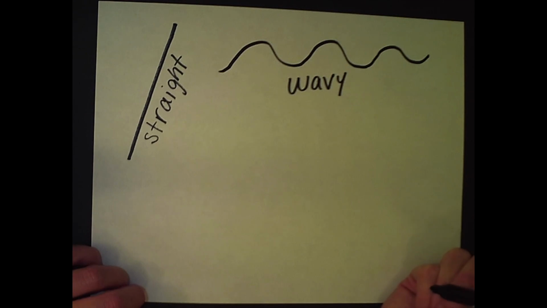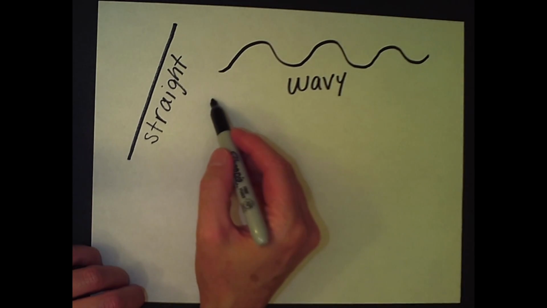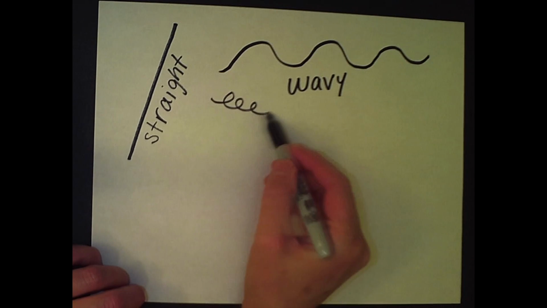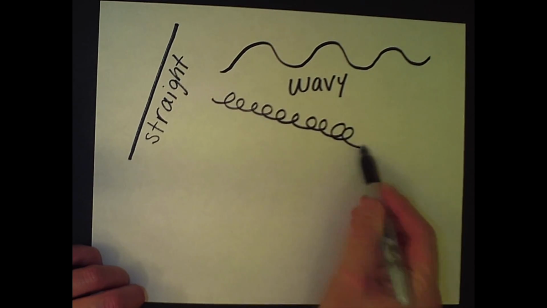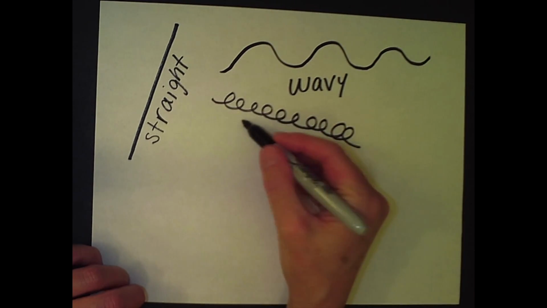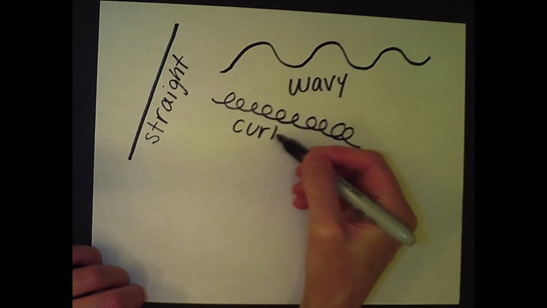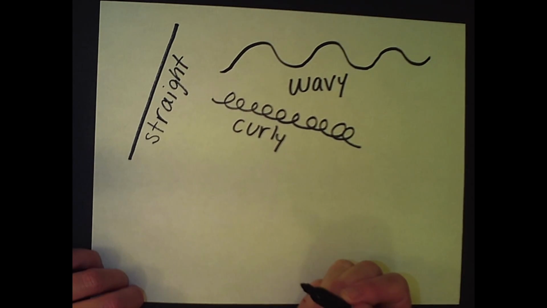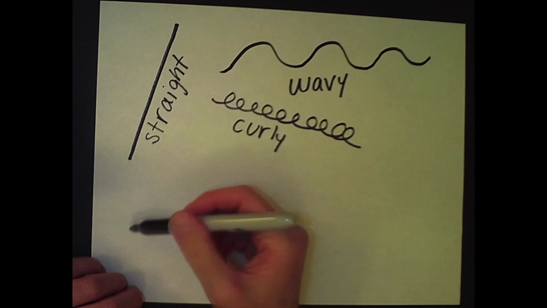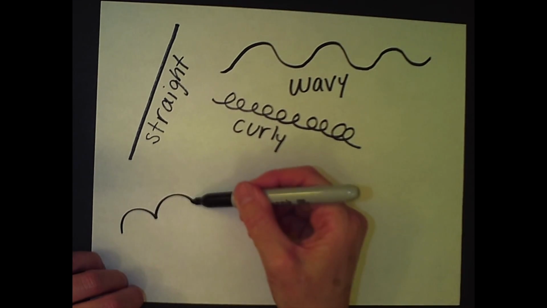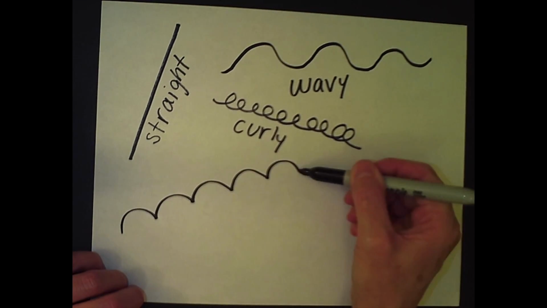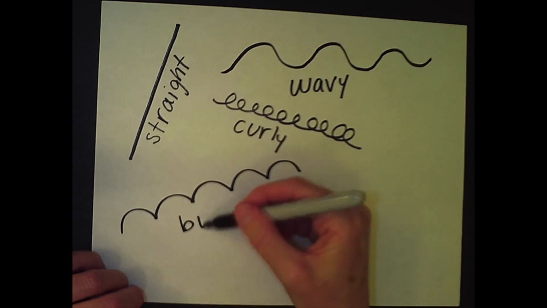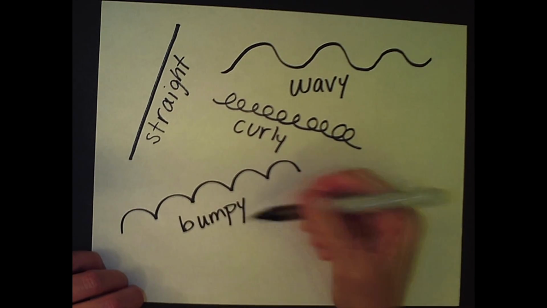And then he twirled in whirls. And sometimes we call that a curly line. He then creeped in heaps. And sometimes we call that a bumpy line.